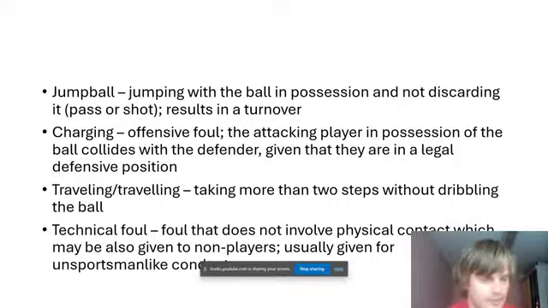And another very popular one is kicking and punching. That's also unsportsmanlike conduct. However, it's very rare. What else is an example of unsportsmanlike conduct? Spitting, shattering the backboard.